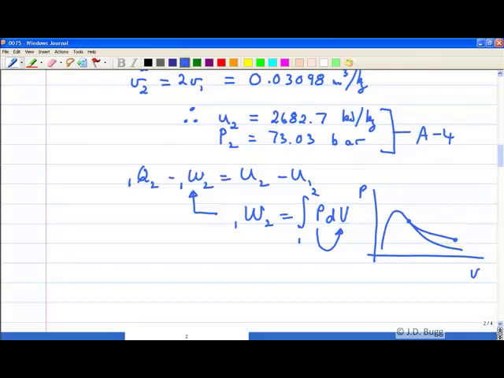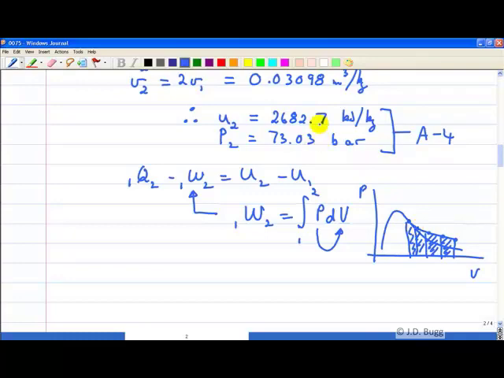Now, the way we overcame this in the past on a recent assignment was we went into the property tables for water, and we found points along there, and then joined them with straight lines essentially, and calculated the area of each of these trapezoids and added them all up. Now, on that assignment question, that was quite straightforward, simply because this end point here was really quite close to the beginning point, so I think there was only one of these trapezoids that we had to calculate the area of, so that was quite easy.